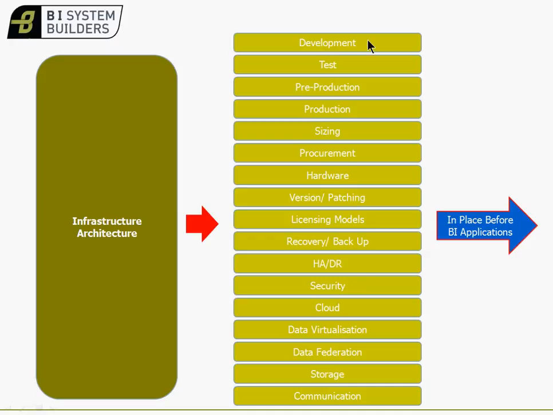You want to think about security, and that's very important because you're going to be moving content ultimately from source through development, test, pre-production into the production environment. And you need to make sure that the tools that are used to do those transports, or something like Lifecycle Manager, have access and can be used across those environments.